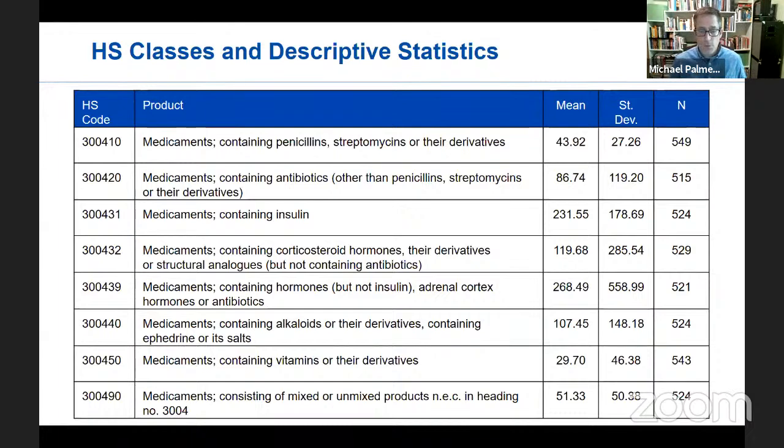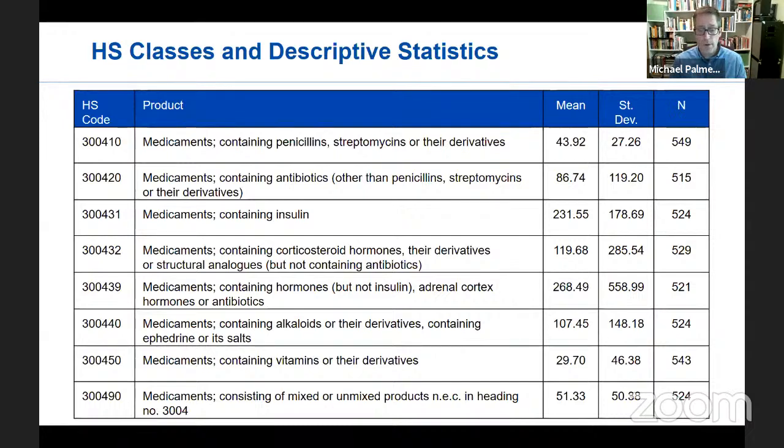So the UN's COMTRADE database reports the annual value in US dollars and annual quantity in kilograms of commercial pharmaceutical imports as recorded by border authorities. Unlike published prices, which may be subject to further discounts or markups, COMTRADE reports the actual amounts of money paid at the wholesale level for the shipments of products.